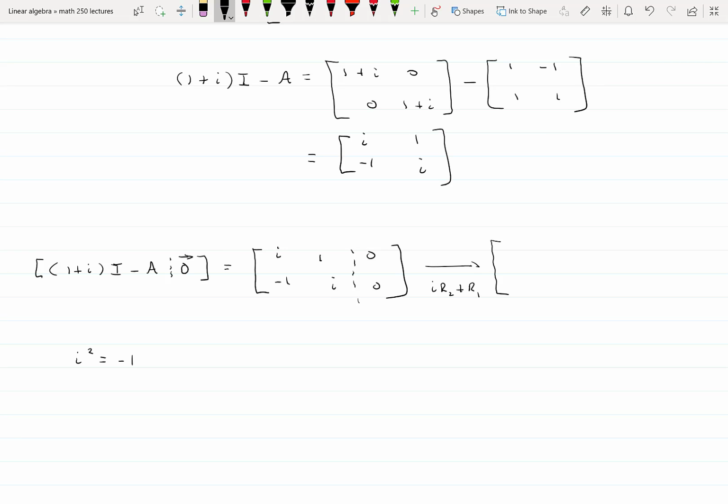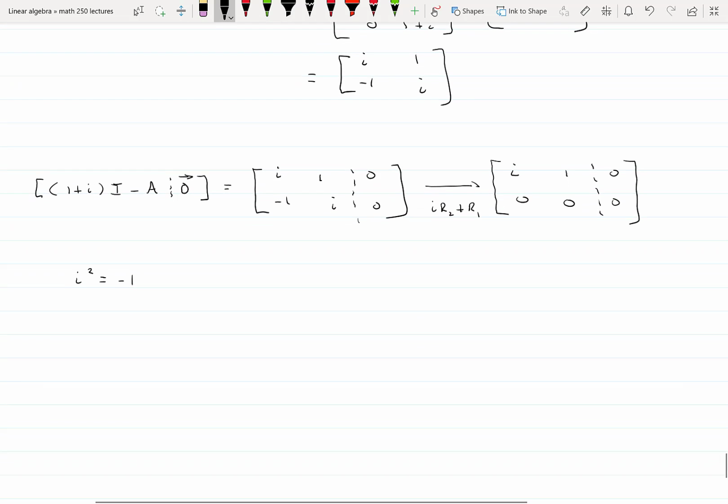Negative i plus i is 0. So the first row is not being affected. I times row 2 plus row 1: i times i is i squared, or negative 1, plus 1 is 0, and 0 plus 0 is 0. So this isn't so bad.